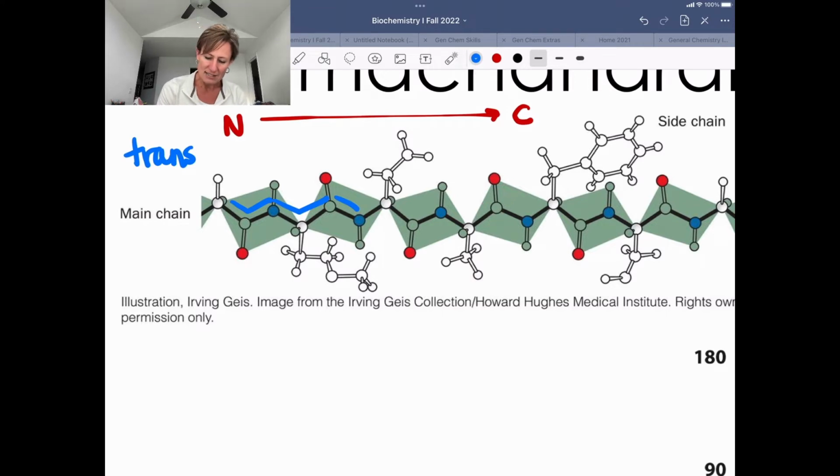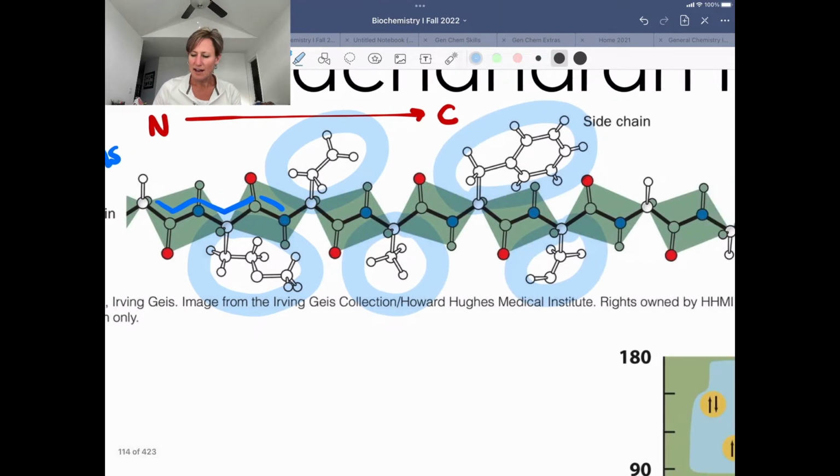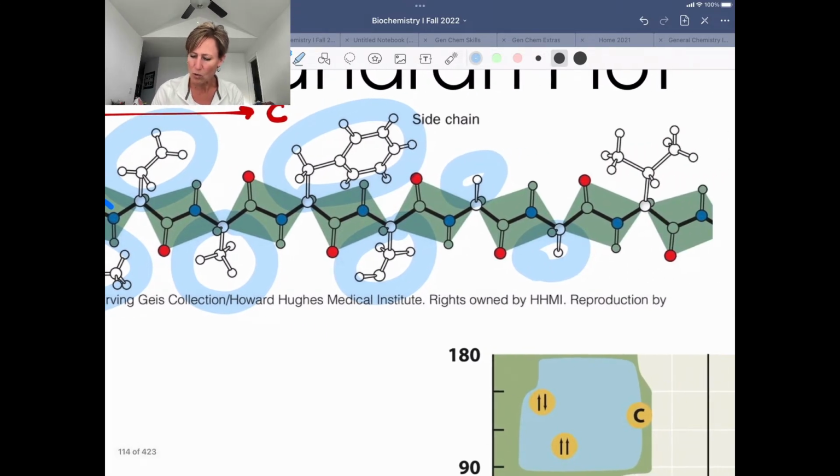And that trans configuration is also going to allow us to alternate the sides that we put our big bulky side chains. Okay, so here we can see here's our R groups, our side chains, and they alternate on opposite sides of our peptide backbone. Okay, so even when you have small ones.